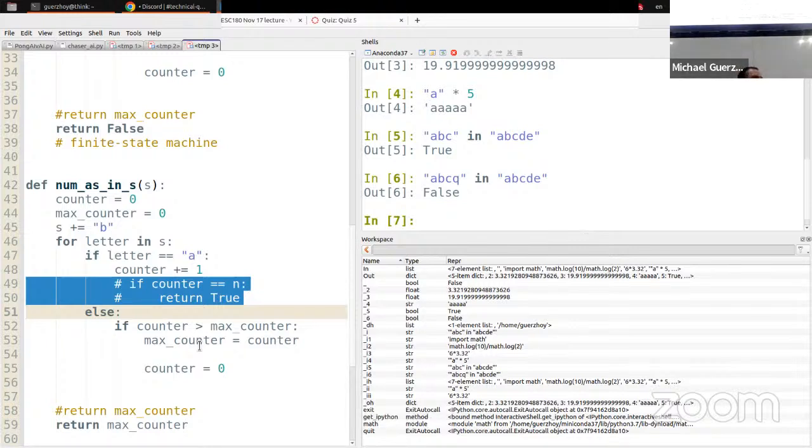That just gives you the answer to the question. What's the complexity of this? Well, O of length of s.